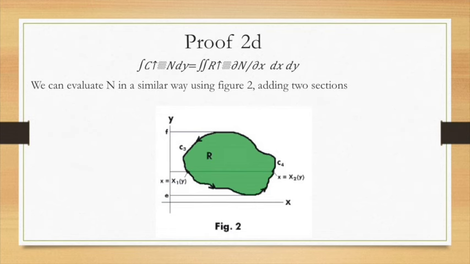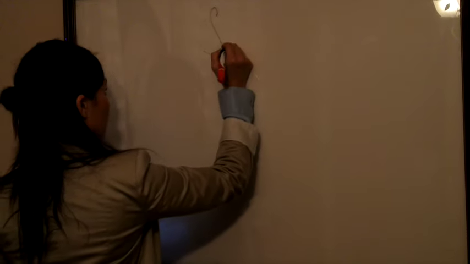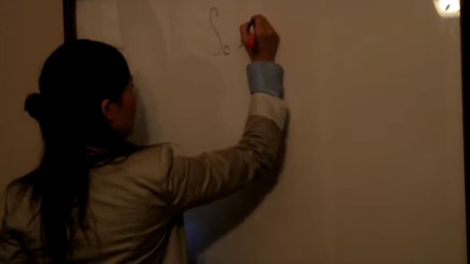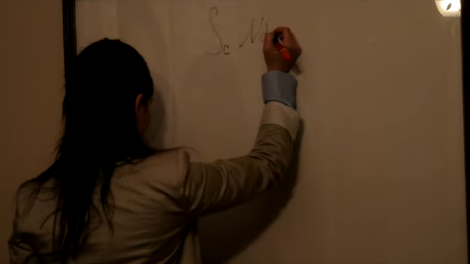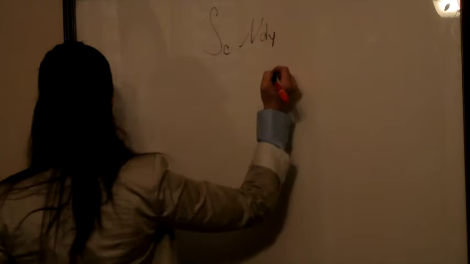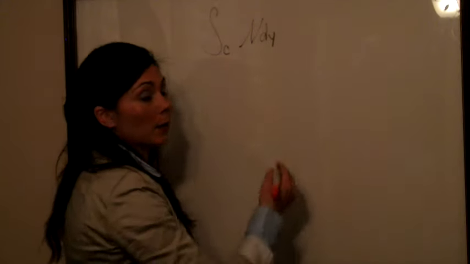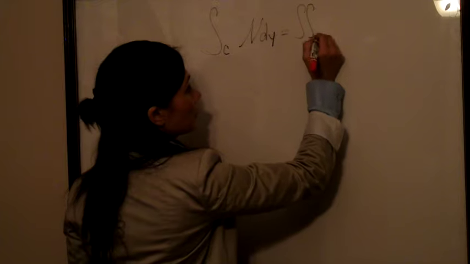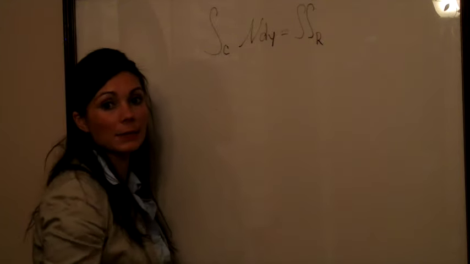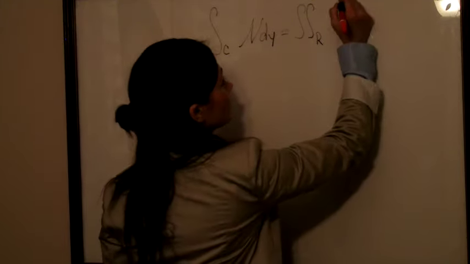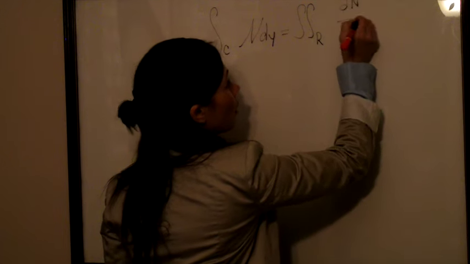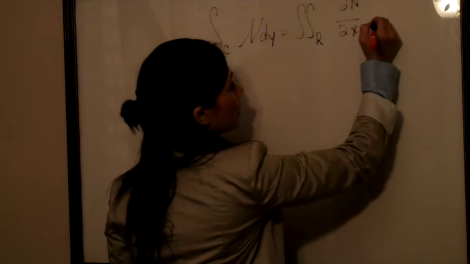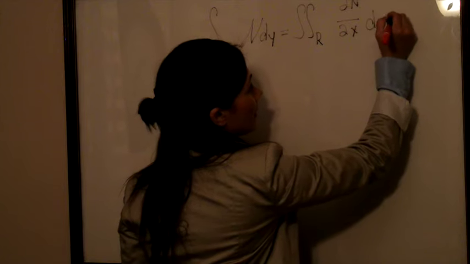So once we've completed this portion, we can move on to our second portion, which was N. When writing the function for N, we still have the integral over C of N dy, which equals our double integral for our region, as we have here, of partial N over partial x dx dy.